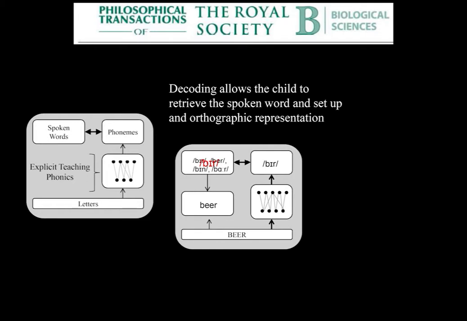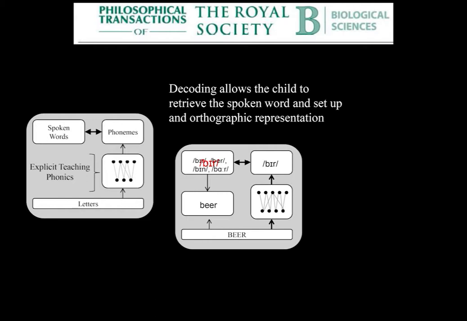So the decoded word comes close enough, and there will be in the phonological lexicon a selection. There will be a winner, the most strongly activated word in the phonological lexicon that matches that input. So assume here the word beer will win over the others, and in Share's theory, you will set up an orthographic representation for the word beer.